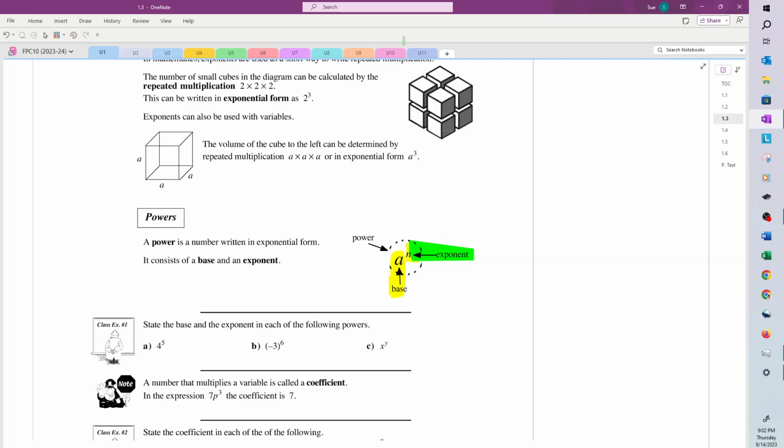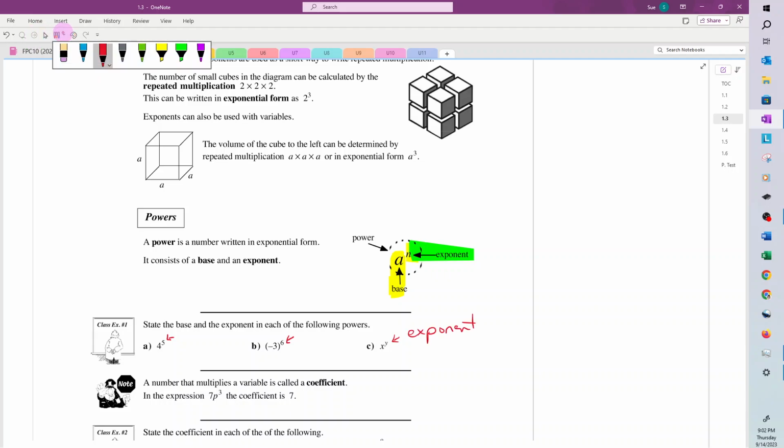All right, so for each of these, we're going to state the base and the exponent. I'm going to do the exponents first. So this is the exponent, 6 is the exponent, and y is the exponent.